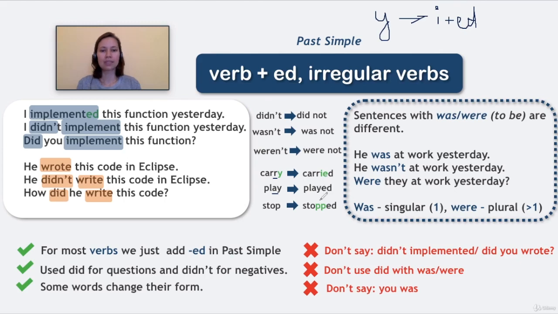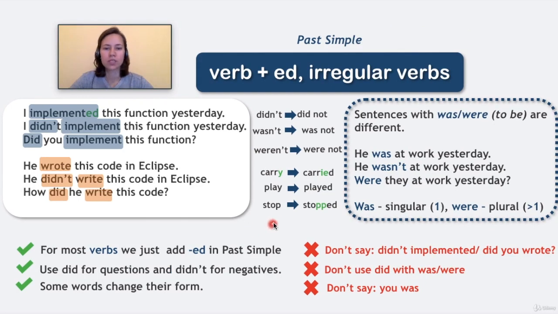The letter Y is left the same, and you just add ed to the end of the word, right? So remember about this rule. When you have a consonant here, like letter R or letter, I don't know, P, T, whatever, the consonant letter, then you change Y into I and add ed to the end of the word.